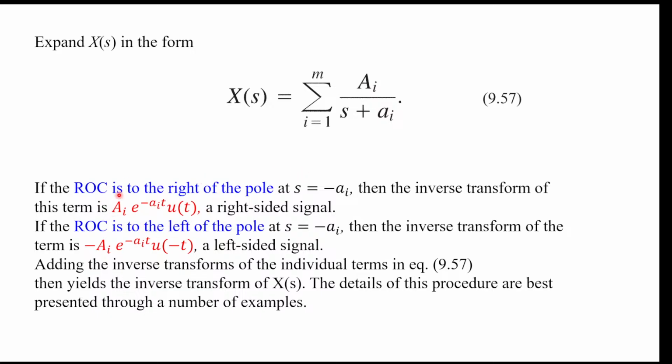One of them is e to the minus AT u of t, and the other one is minus e to the minus AT u of minus t. This is a right-sided signal, and this is a left-sided signal. Which one you pick depends on whether the ROC is to the right or to the left of your pole.